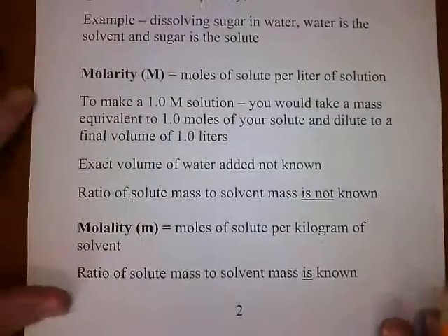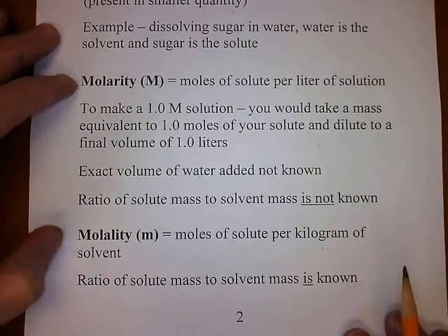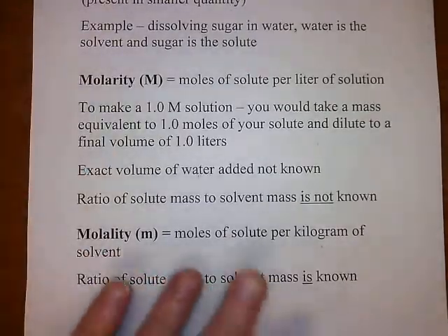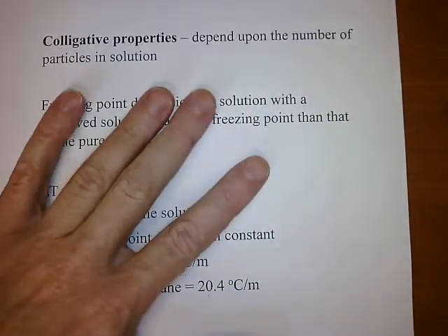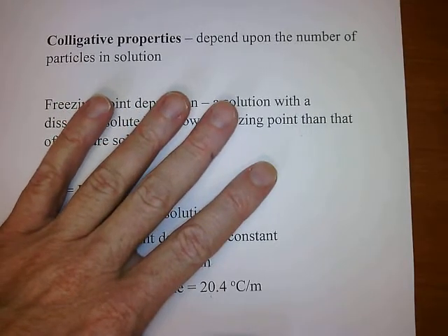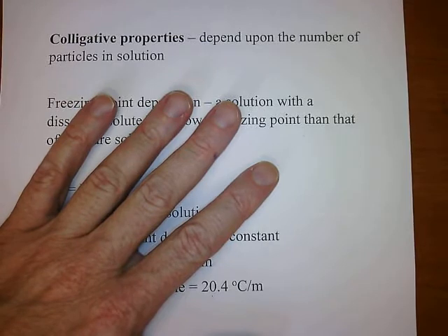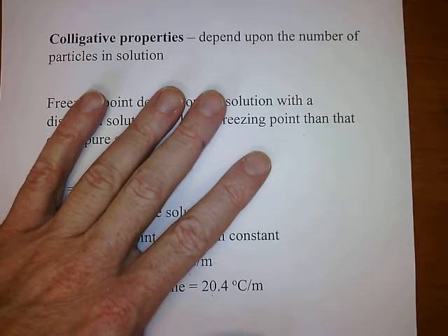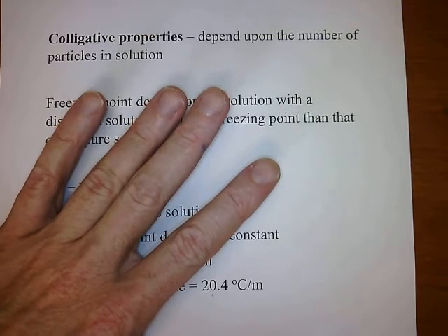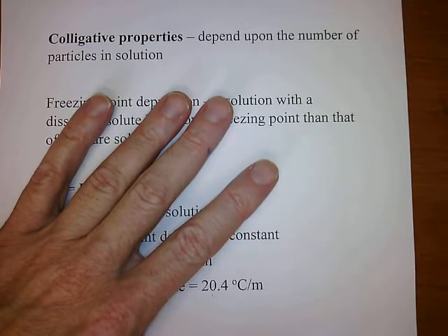It's a subtle but important difference between these two ways of measuring concentration. So colligative properties are properties that depend upon the number of particles in solution. When you dissolve a solute in a solvent, you change the physical properties of the solvent.